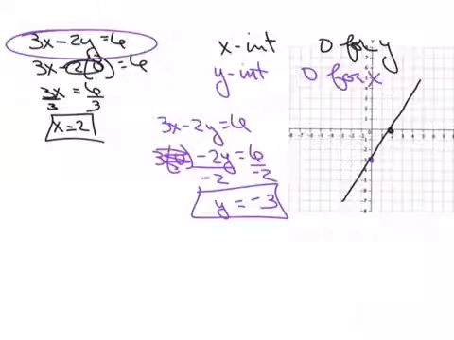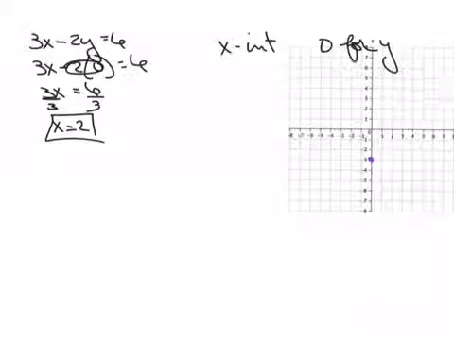So it's a real quick and easy way to not only find where the graph crosses the x and y axis, but it's also a quick and easy way to graph the equation, taking the chance that you might get it wrong because you didn't find that third point. But it is a pretty slick way of doing it.